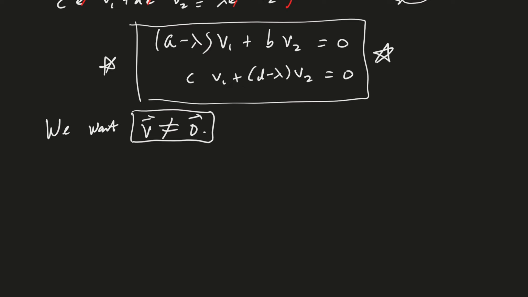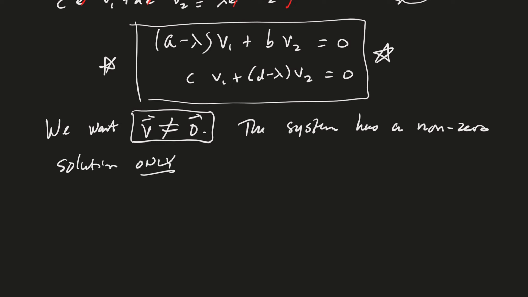Yes, the system has a non-zero solution, let me write that over here, only if the determinant of a minus lambda, b, c, d minus lambda is equal to 0.